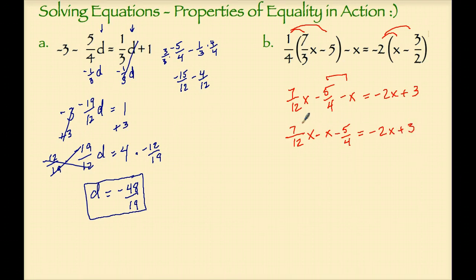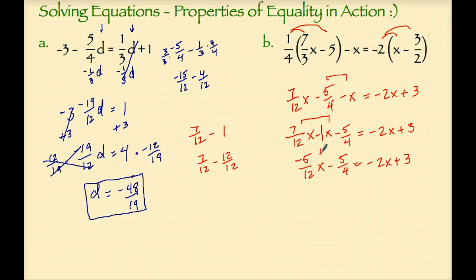Now I'm going to use the associative property, which says that I can choose which two I want to add together first. Of course, I've chosen the two that are like terms. 7/12 minus 1 is going to be 7/12 minus 12/12. And that results in a negative 5/12 x minus 5/4 equals negative 2x plus 3.